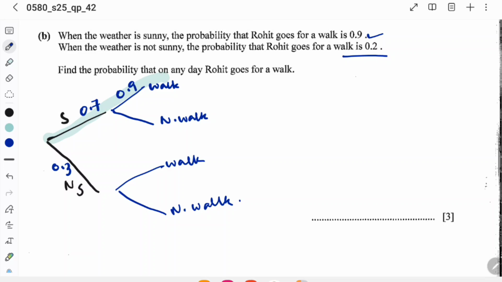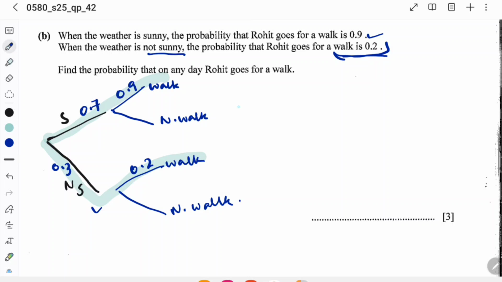Where the weather is not sunny, we'll just use the other branch, this one. The walk is 0.2, so you will be writing down here, for walk it is 0.2 when the weather is not sunny. So this is not sunny and walk. So what are we going to do?